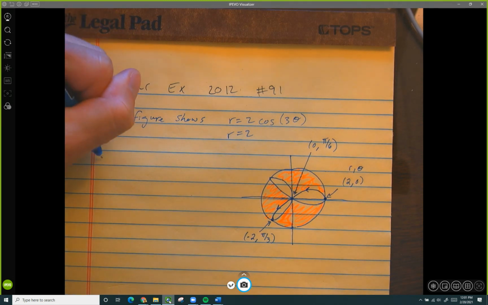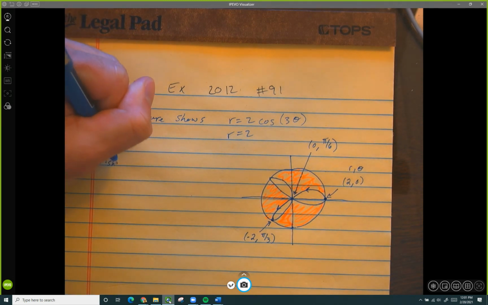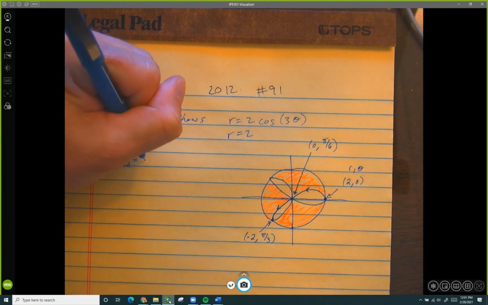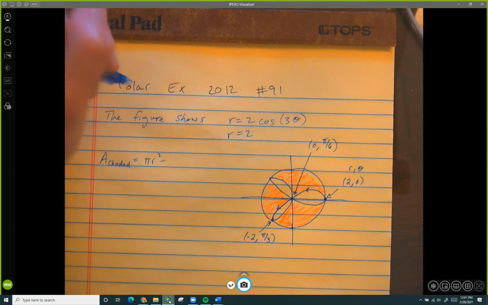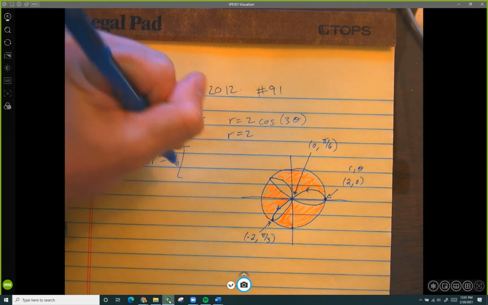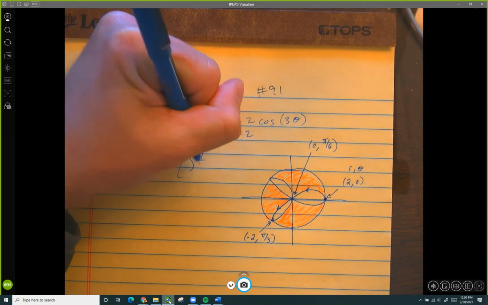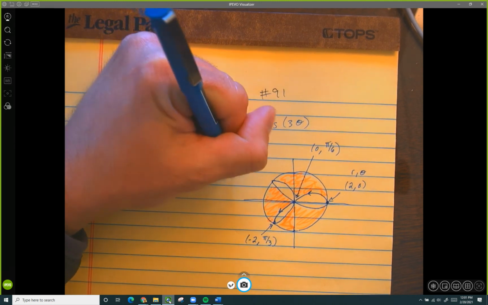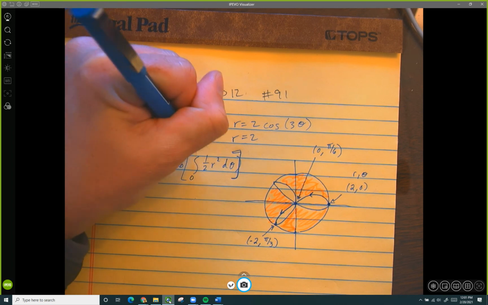So the area of the shaded region is going to equal πr² minus 6 times the integral of 1/2 r² dθ from 0 to π/6.